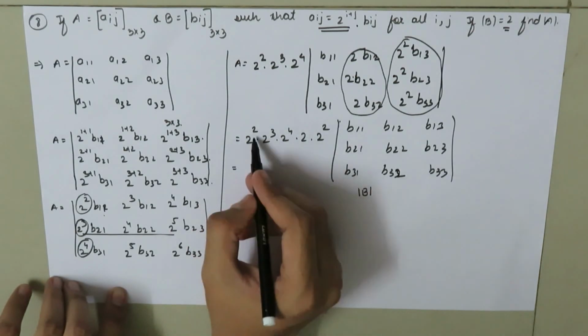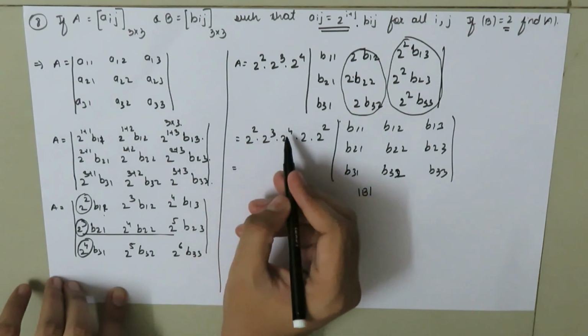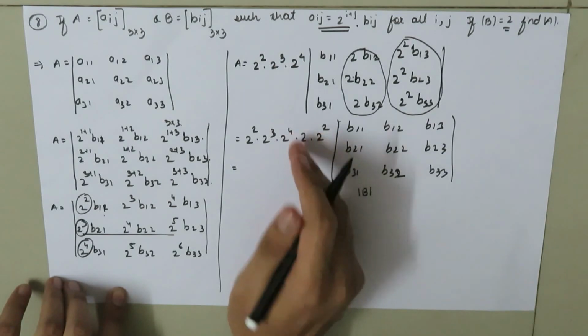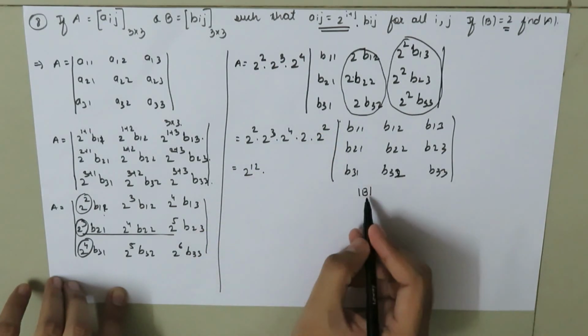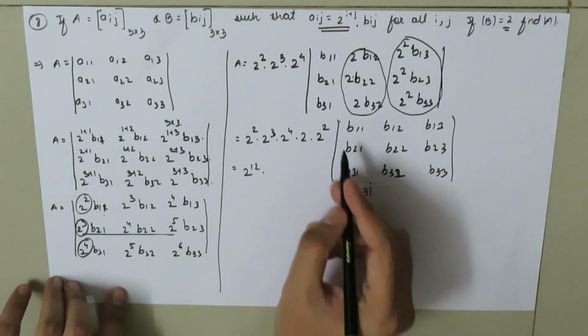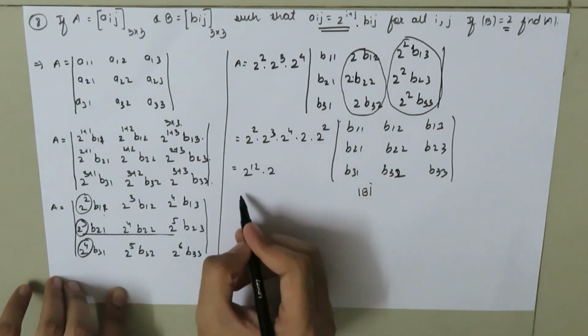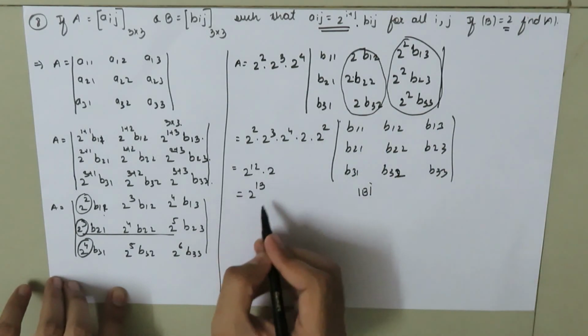So the exponents add up: 2 plus 3 plus 4 plus 1 plus 2 gives 2 to the power 12, multiplied by the value of this determinant, which is 2. So our final answer is 2 to the power 13.